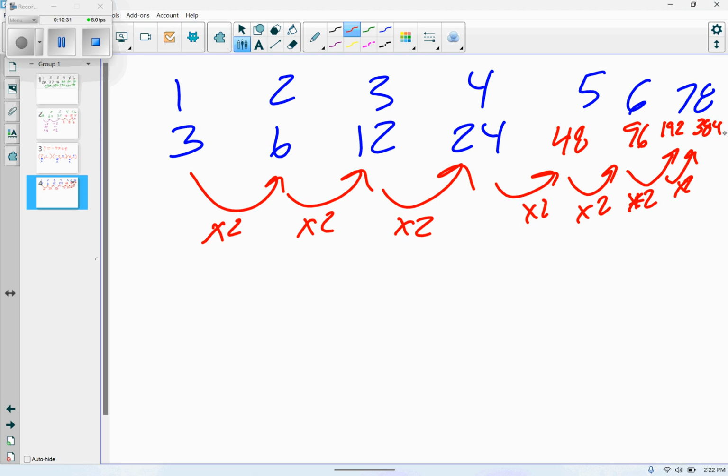What's that? Negative 20. And then one more. Okay. So sometimes we might have a pattern that goes into negatives.